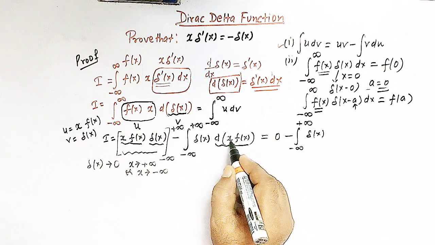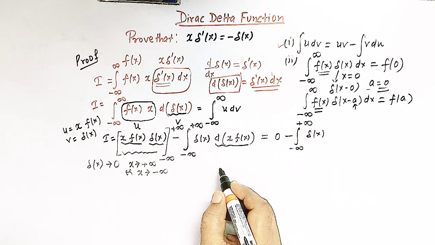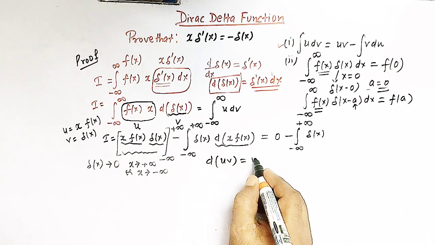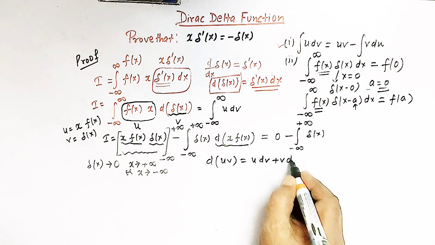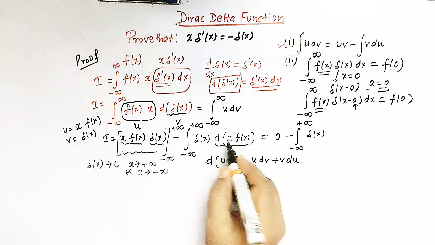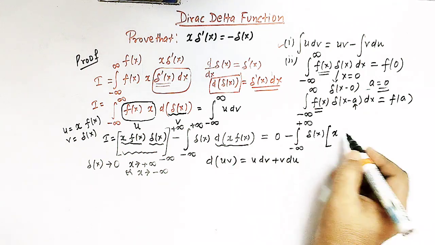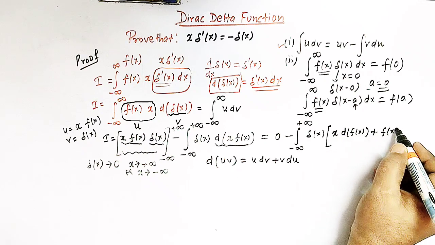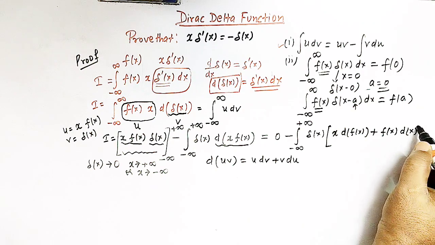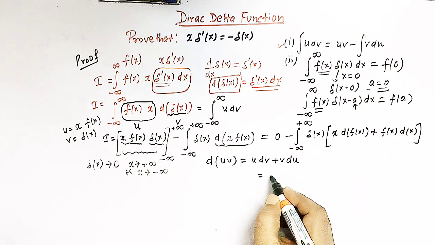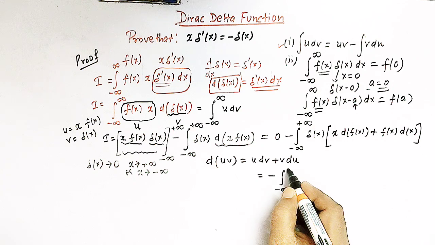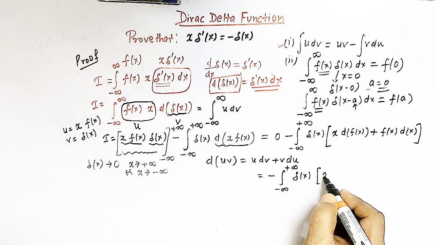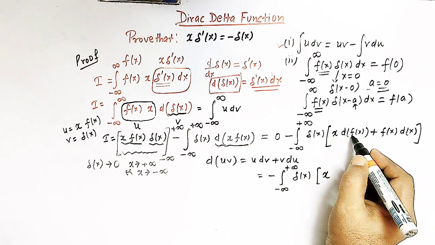Applying the product rule for differentiation, which is d of uv equals u dv plus v du, we can write x d of f of x plus f of x d of x. So now we can write minus, then the integral from minus infinity to plus infinity, delta of x, and x d f x.